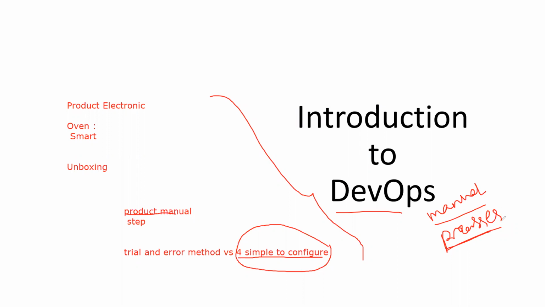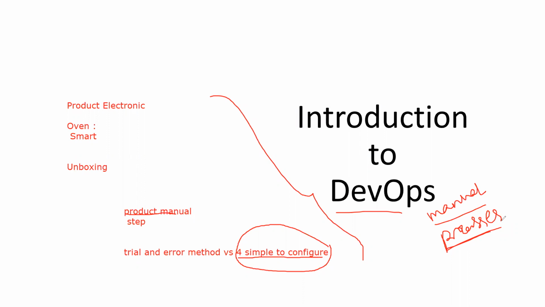Now you are able to relate with the example, people. Why did I bring the discussion of an electronic item? Because we will perform better if we know the steps that are to be used in configuring a device.